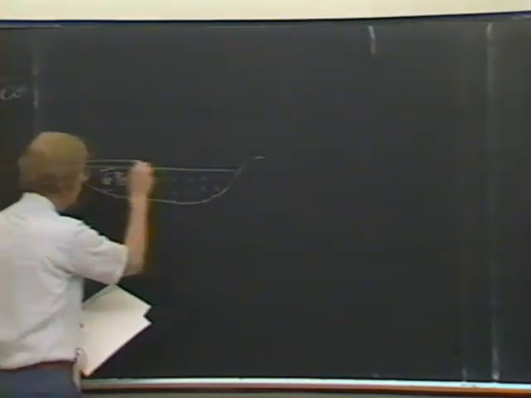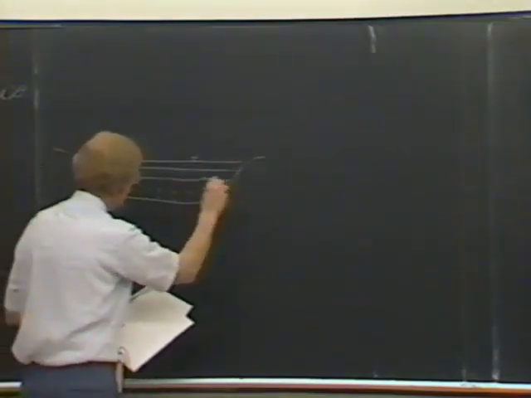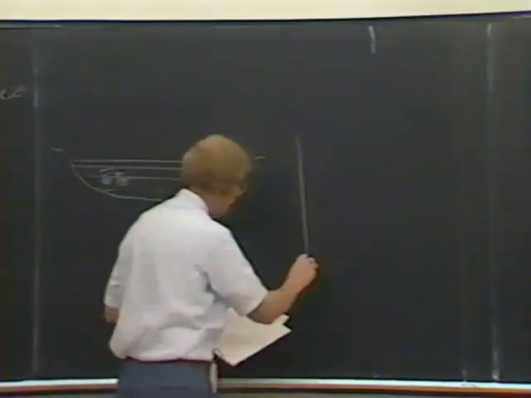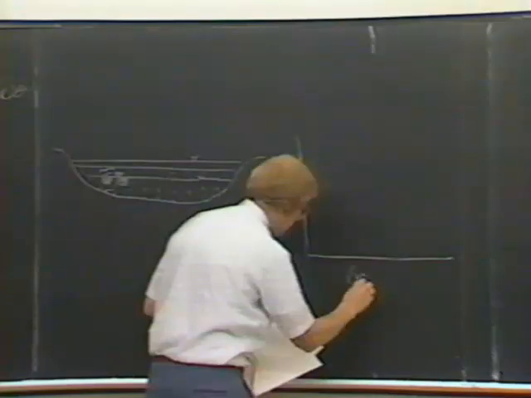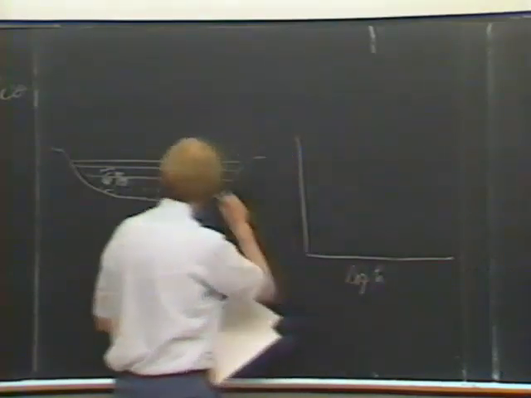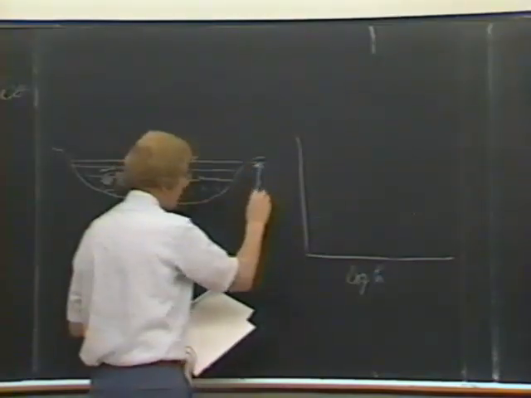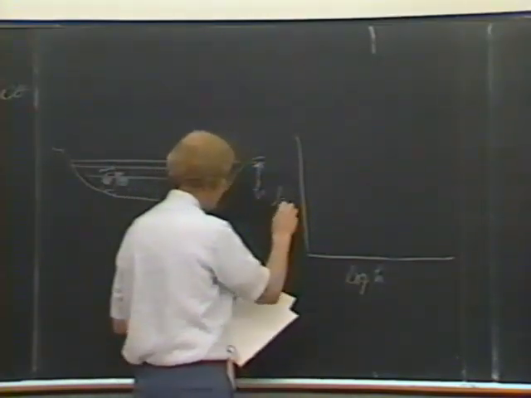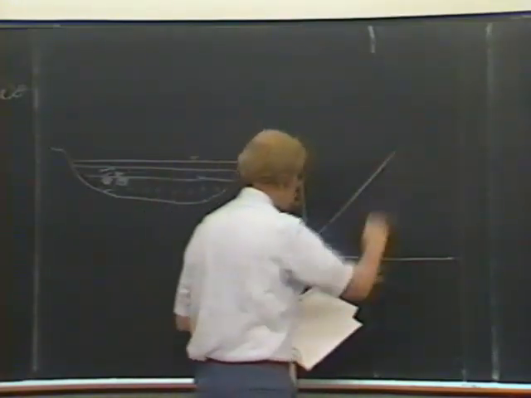They'll do that for a variety of flows at different water surface elevations and come up with a rating curve, often log H, let's call it, elevation H, against log Q. And they'll get some kind of a curve.